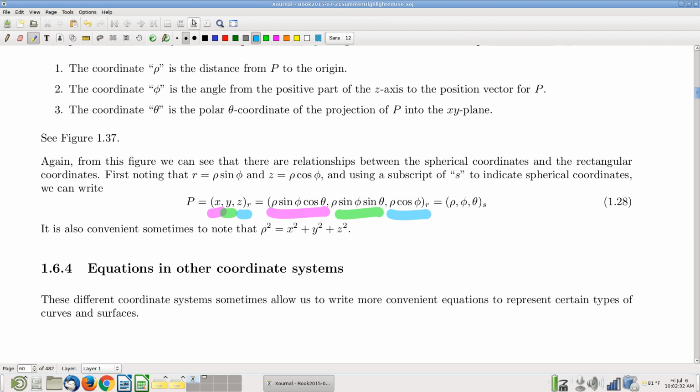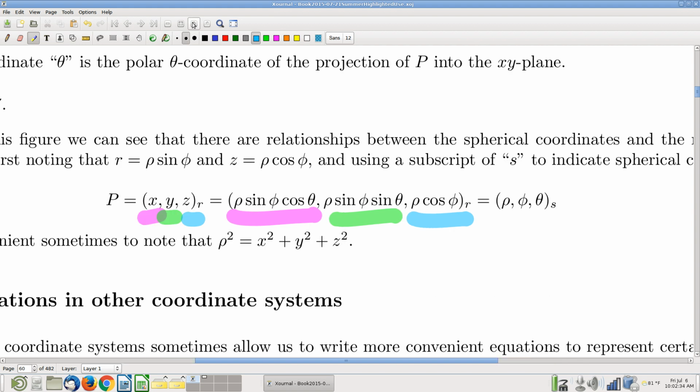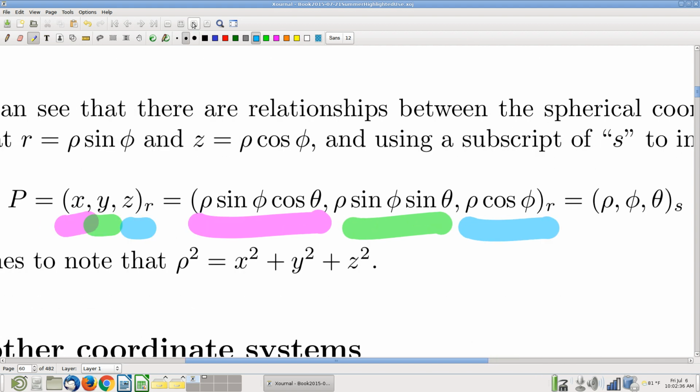I'm going to give you a great tool for remembering them. We've already made the recognition about r: r is rho sine phi. Just make a little triangle, and with basic trig, r is rho sine phi. Notice that what that means is that x is r cosine theta, and y is r sine theta, and you've already memorized that.